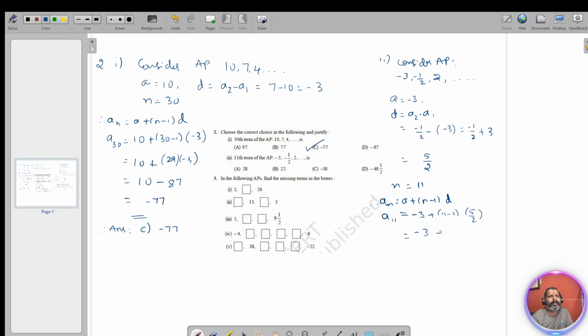Minus 3 plus 10 into 5 by 2. 2 fives are 10, 2 fives, minus 3 plus 5 into 5, 25. That is 22. So the option is B. Therefore, answer B, 22. Clear?